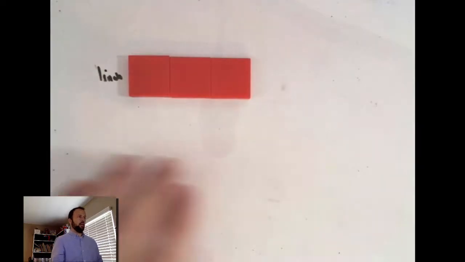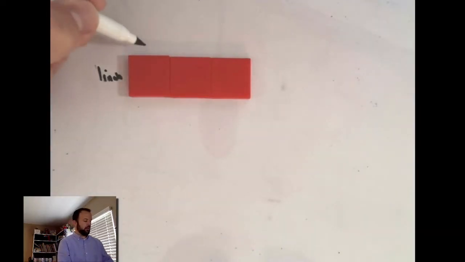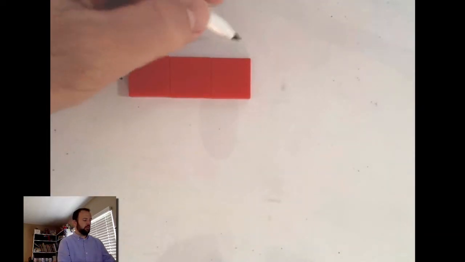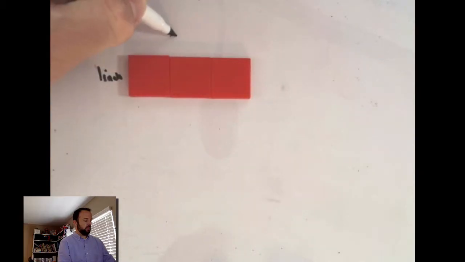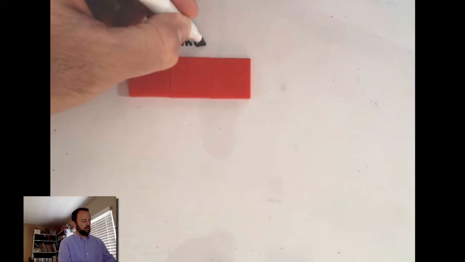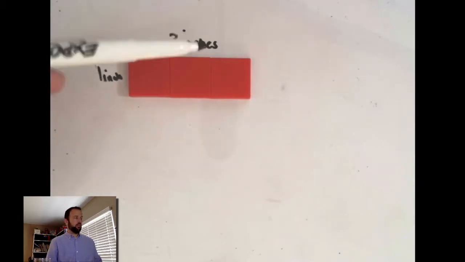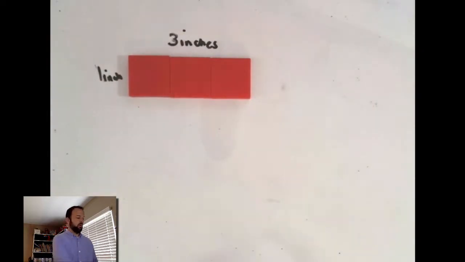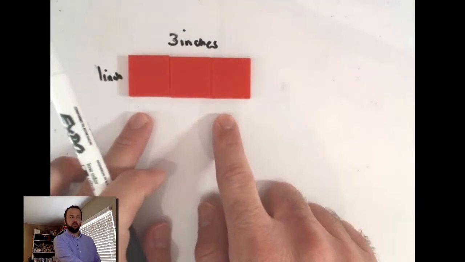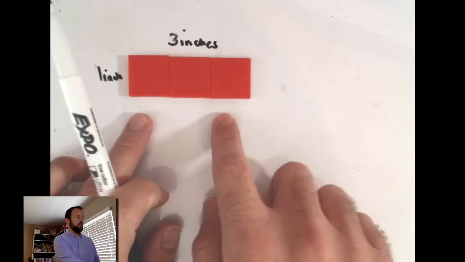When I lay out these 3 tiles, I can count 1, 2, 3. So I know that it's going to be 3 inches long. I could think about it as 1, and I know it's 3 times as long, so 1 times 3 would give me 3, the total. I can just lay it out here with the unit tiles, whatever you want to call them, to help me out.